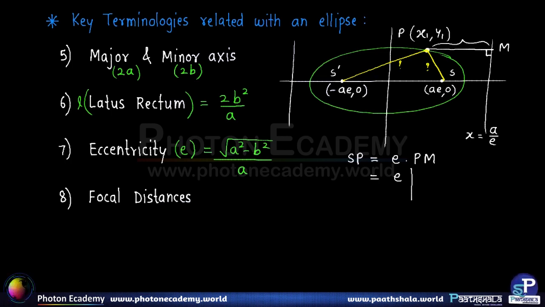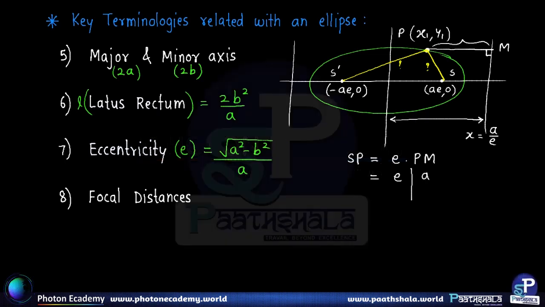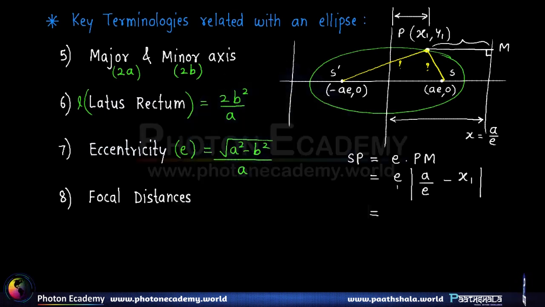If you observe, isn't that distance equal to the entire distance, which is a by e, minus the distance of the point from the origin, that is nothing but its x coordinate, so minus x1. Since e is always a positive number, we can take it inside the modulus and multiply both the terms. So here we get a minus ex1.